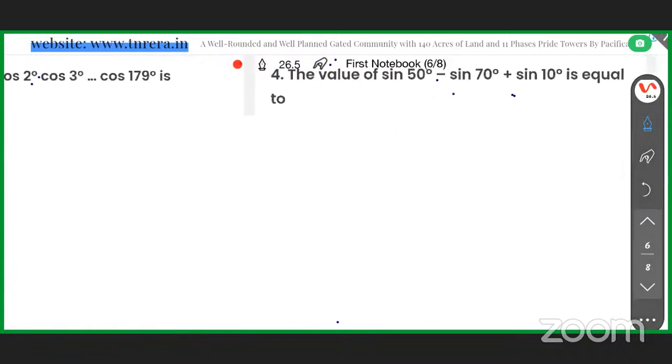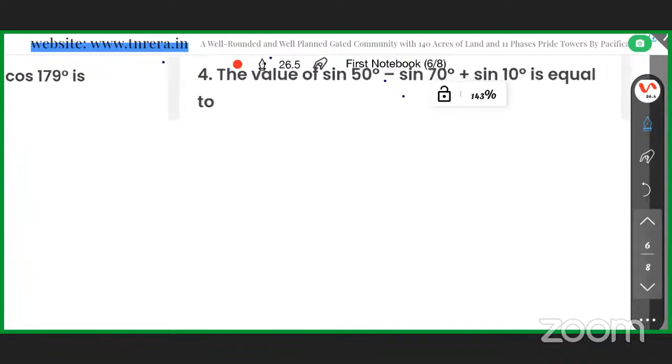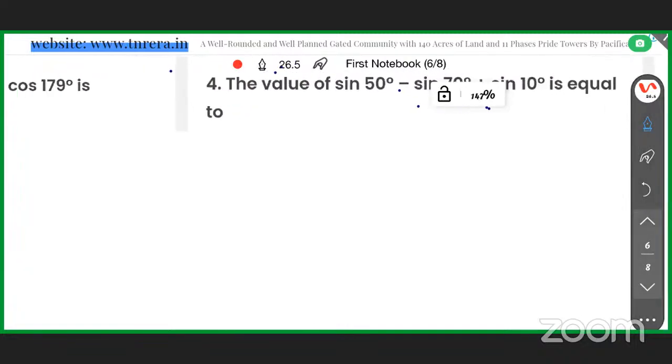Sine 70 theta plus sine 10 theta. You may be wondering, sir, we don't know the values of anything, 50, 70, 10. How to do it? I'll give you a clue.